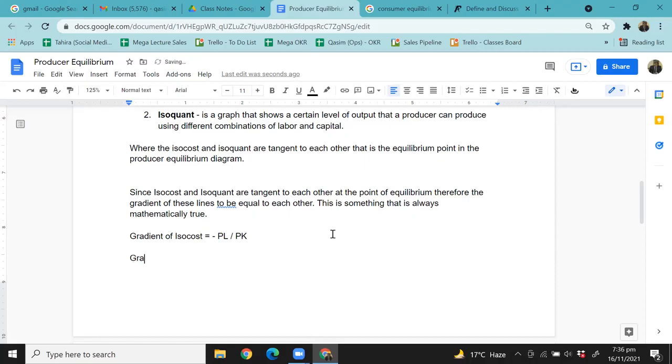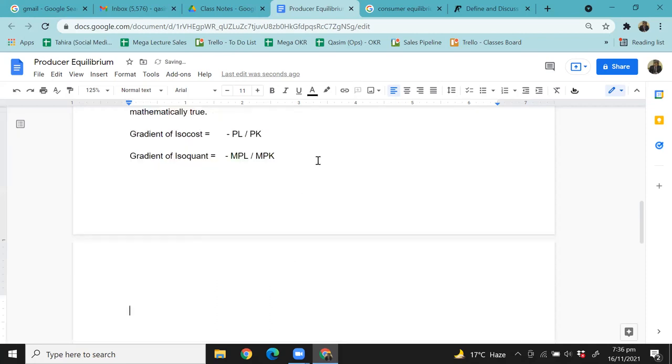Now the second thing that we're about to discuss is the gradient of isoquant. Now this is what you have to pay close attention to. So let me write that down first and then I'll explain what that means. MPL means marginal product of labor, divided by marginal product of capital. Now this is something that you might be hearing for the first time. We have not talked about what the marginal product of labor and the marginal product of capital are.